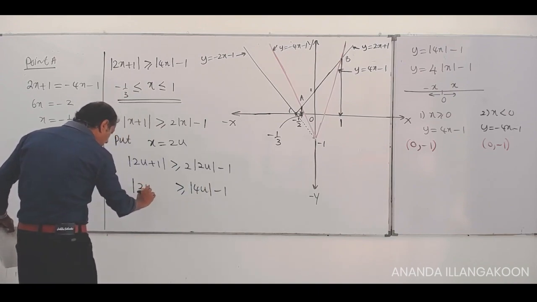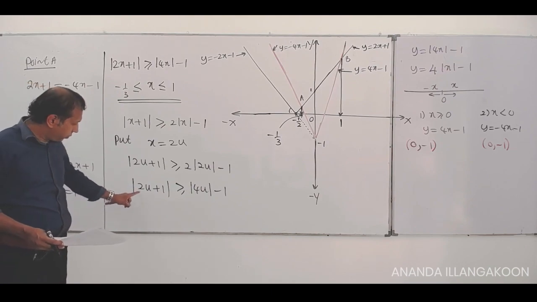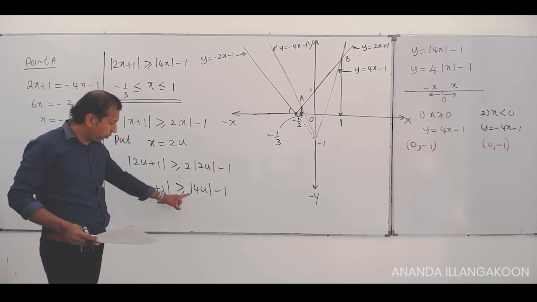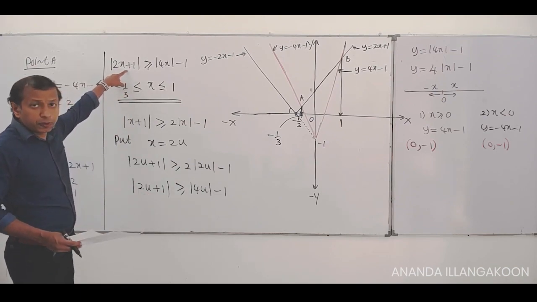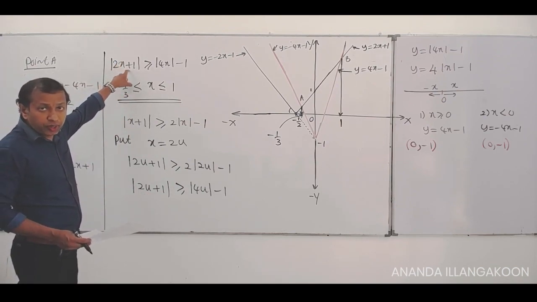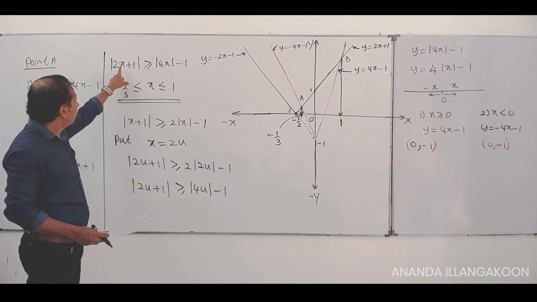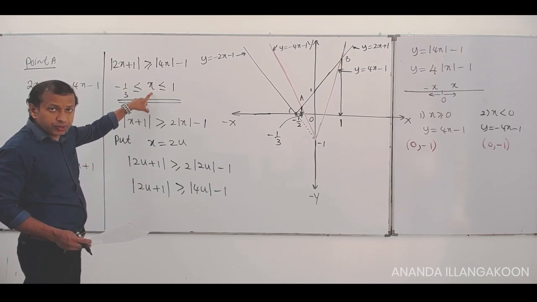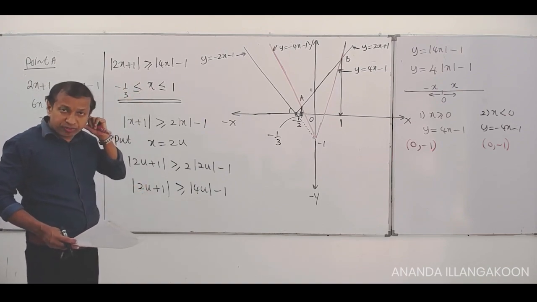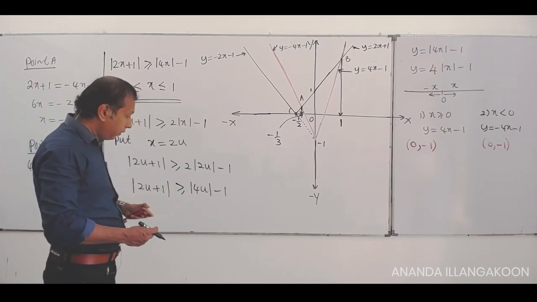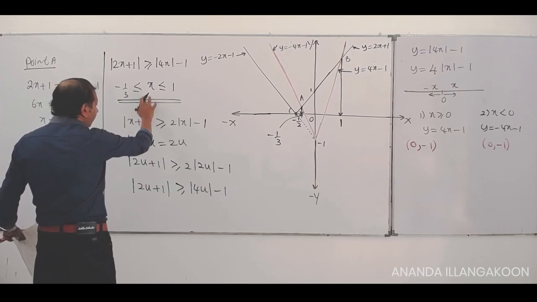Here we get mod 2u plus 1, then you get a familiar form: mod 2u plus 1 greater than or equal to mod 4u minus 1. When we compare this and this, the only thing is that here we have x and here we have u. The same answer we got for the variable x we must get for this variable u.